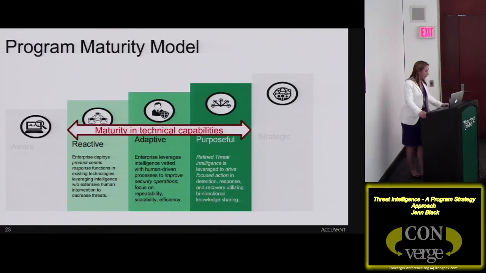And there's a real focus at this stage on improving security operations through repeatability, scalability, and efficiency. Early on, you look for patterns, but by purposeful, your tech is looking for patterns, and you're doing things like hunting, network profiling, user profiling, and even behavioral analysis. Any questions about this? Okay.